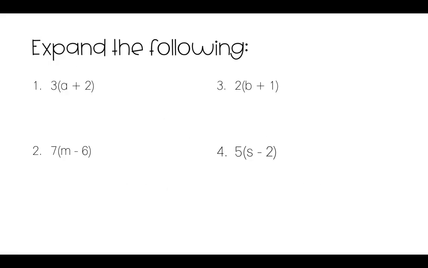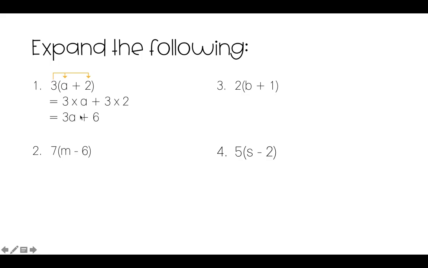Let's do some examples. We'll do question 1 and 2 together, and then I'm going to get you to do 3 and 4 on your own. So 3 brackets a plus 2, what we're saying is 3 times a plus 3 times 2. If we simplify it down, at the start of the video we looked at simplifying an expression like this and writing it as 3a.